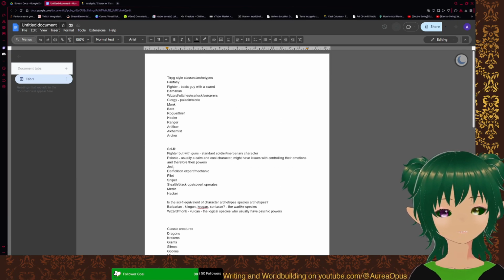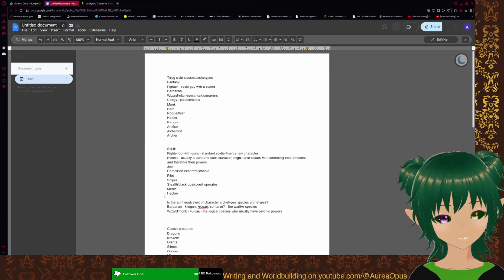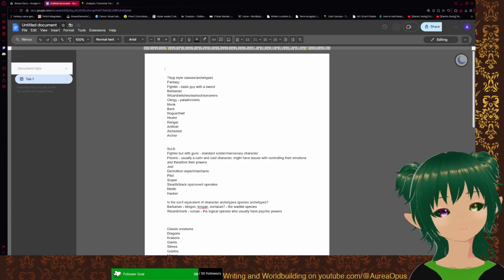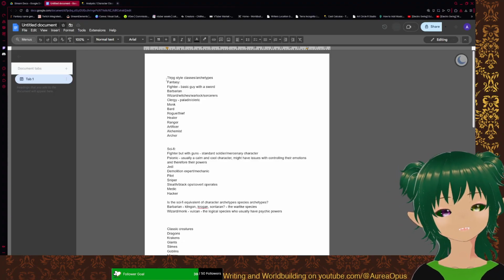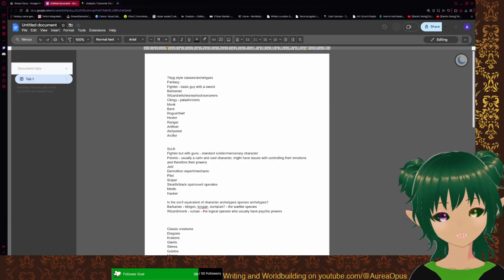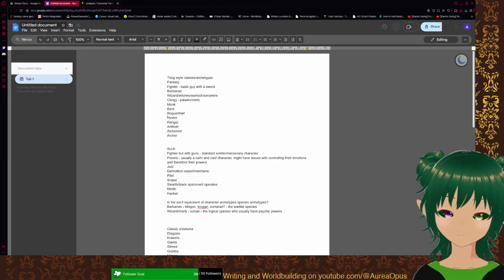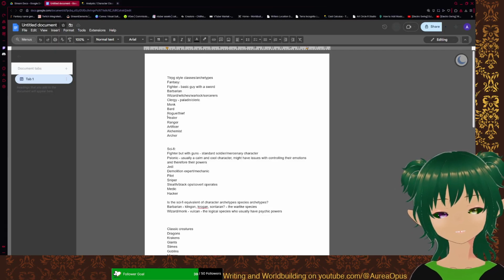I think even in this, where we managed to get a pretty good list going, in fantasy, most jobs, characters, archetypes, most things you can be in a fantasy world come with connotations attached.